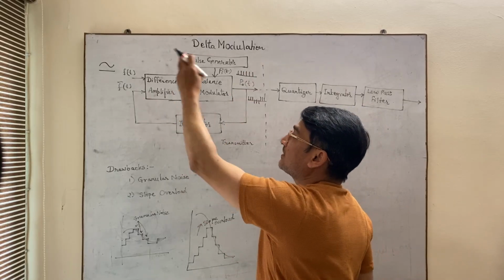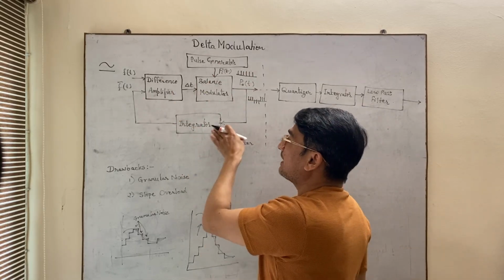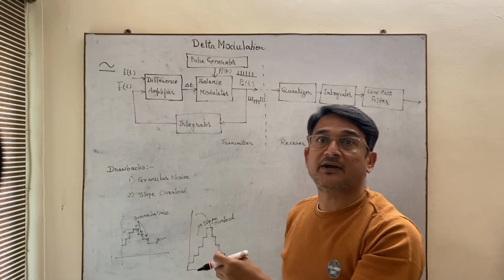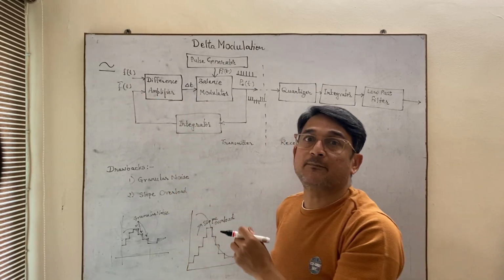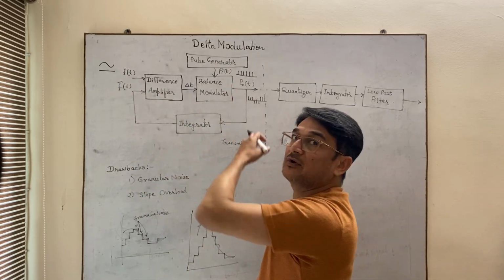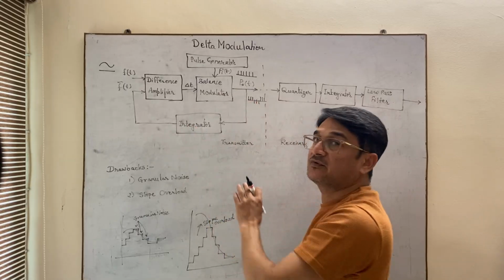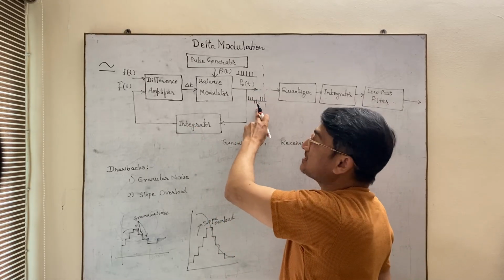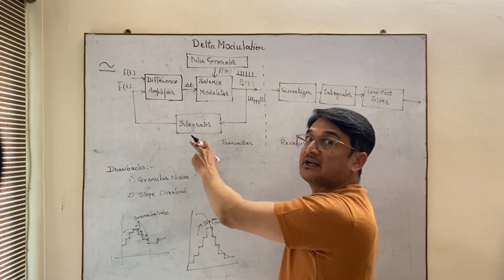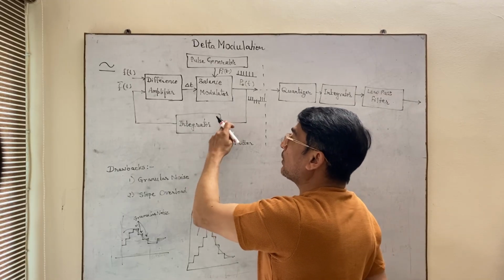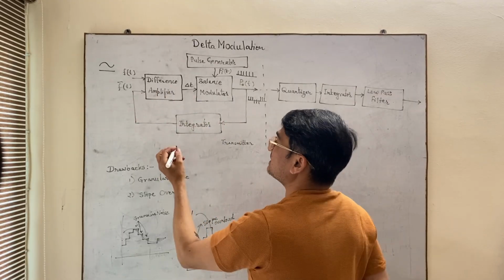This signal is now given to the integrator circuit, and the integrator output is fed to the second input of the difference amplifier. So this process will continue. But what is the output of the integrator? When these positive and negative pulses are given to the integrator circuit, it will follow the signal in the form of steps.